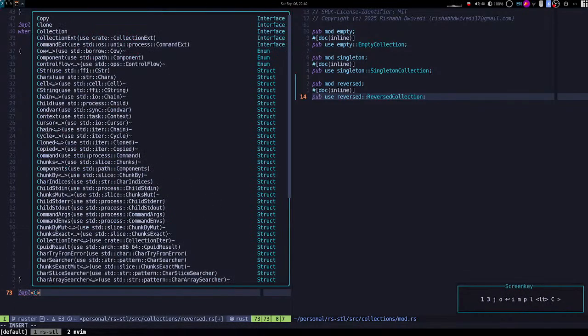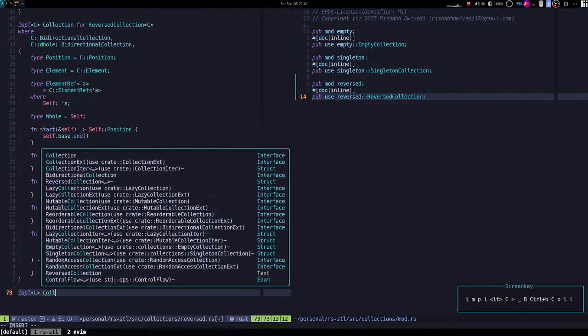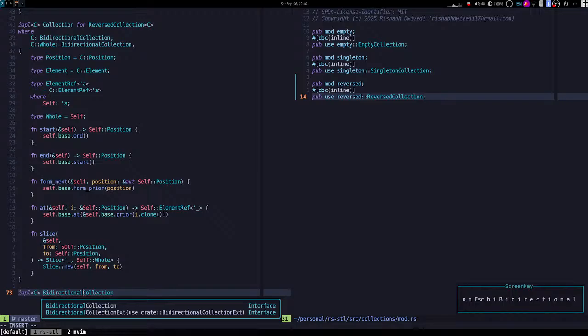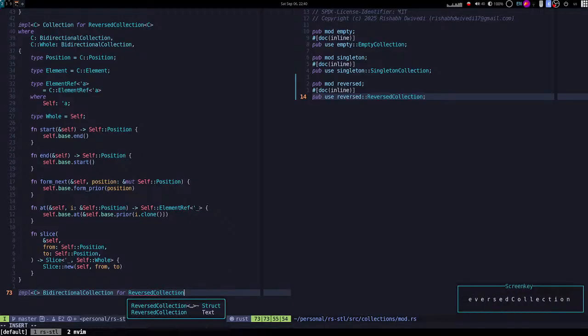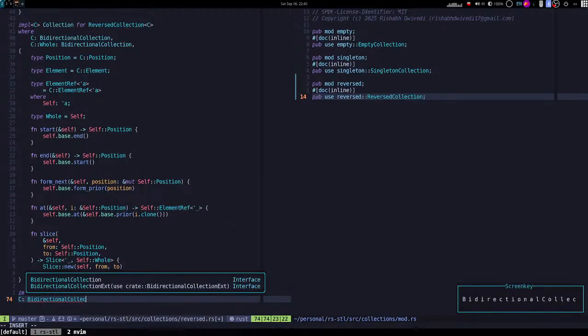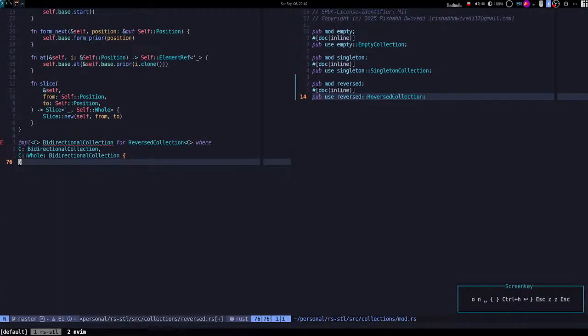So implement BidirectionalCollection for ReversedCollection of C, where C is a bidirectional collection and C's whole is a bidirectional collection.